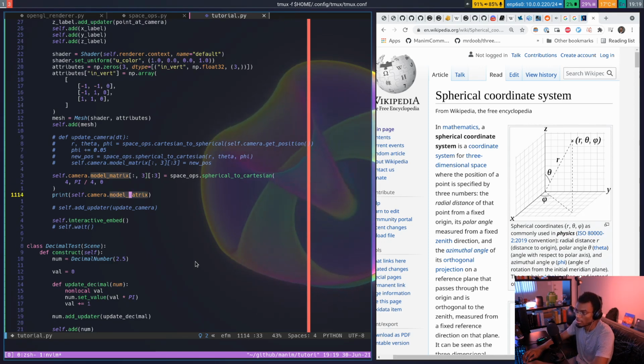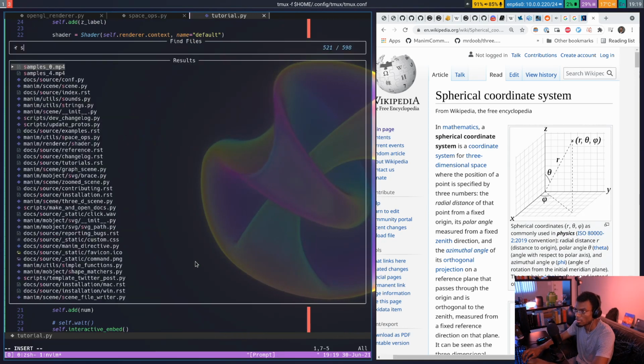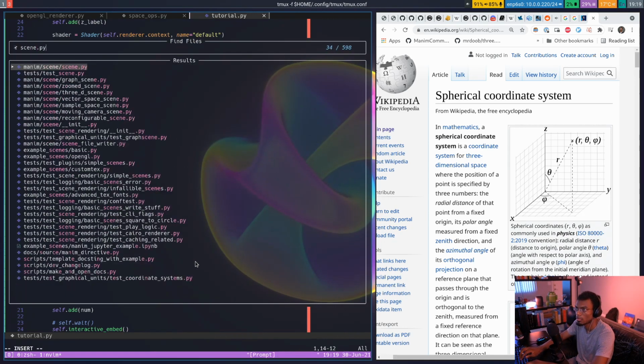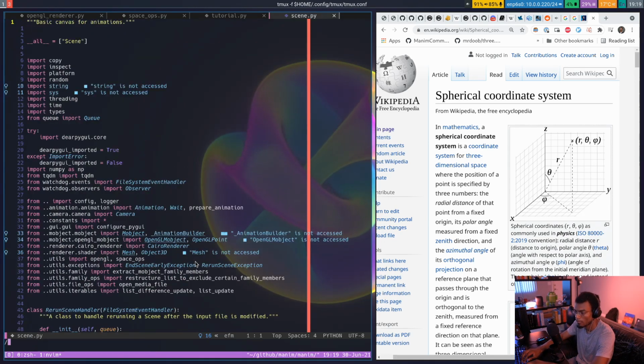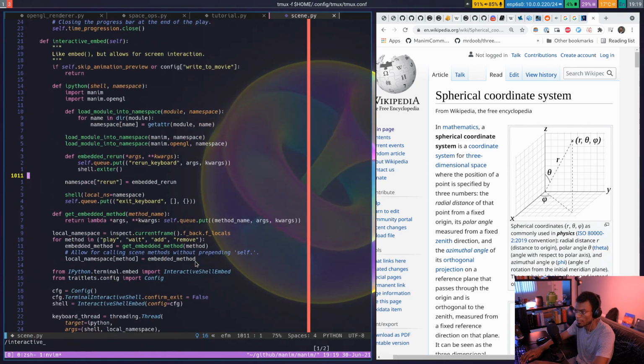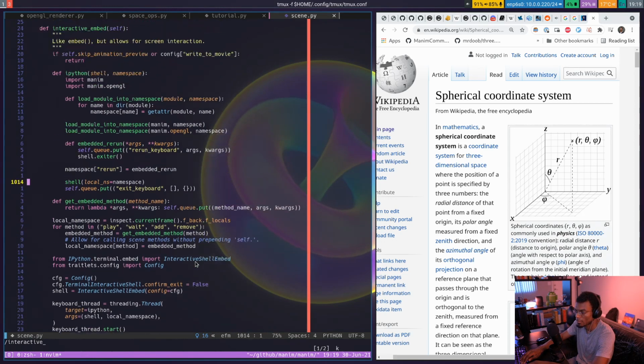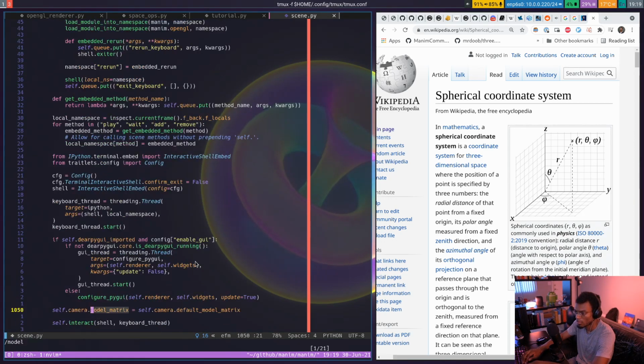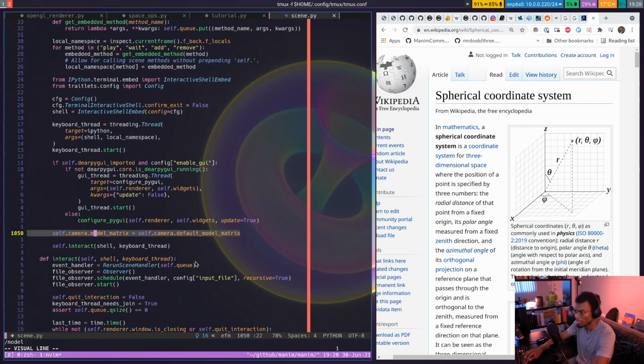Somewhere this has to be getting reset, I think. Actually, I think it's something in interactive embed. Here, camera.model matrix is self.camera.default model matrix.